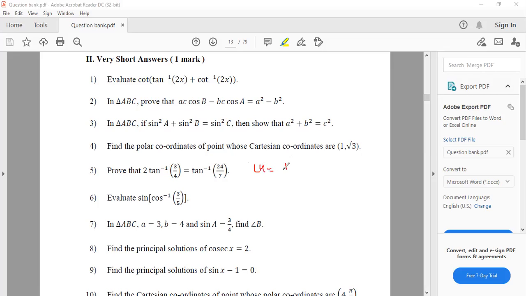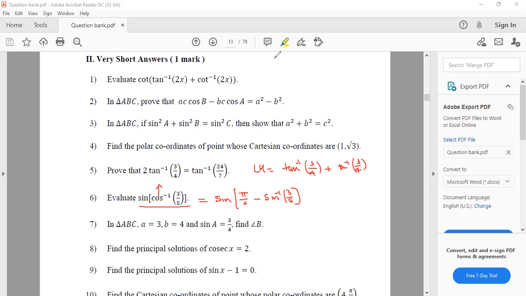LHS equal to tan inverse 3 by 4 plus tan inverse. How will we do this? We have to convert cos inverse into sin inverse using 90 minus theta, but that comes back to cos again.